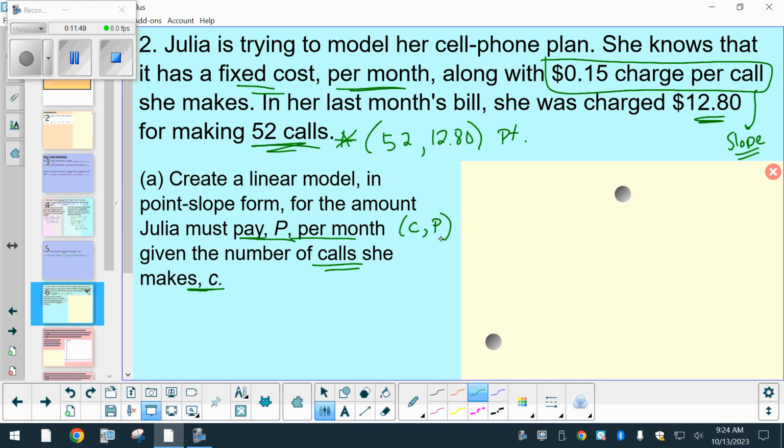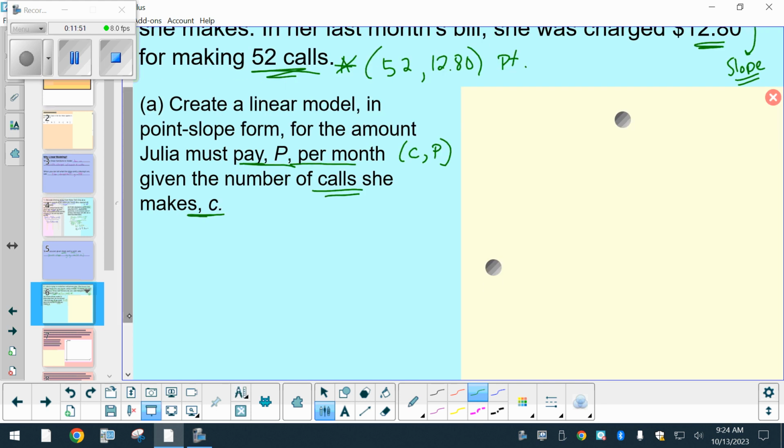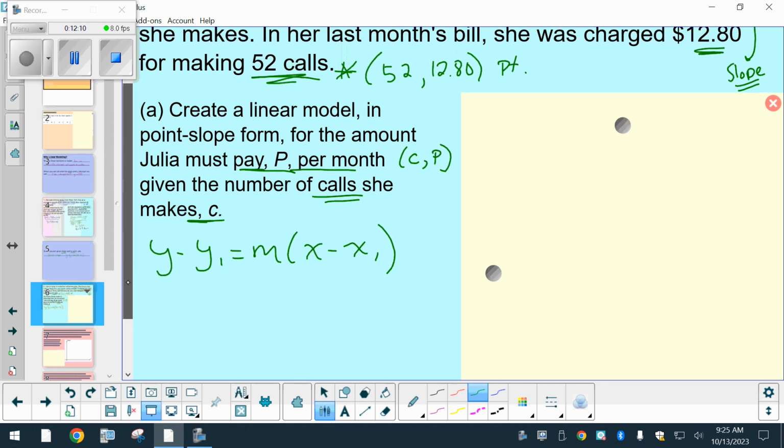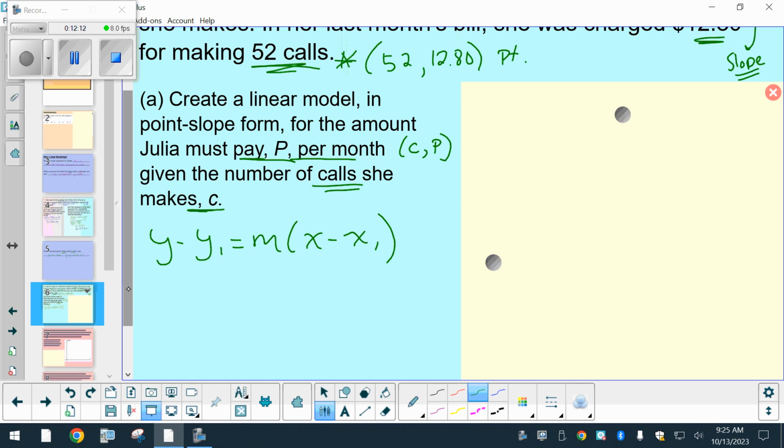So now you can use, ready? We could use the y minus y1, we can use this to substitute in the given information, right? So what was it? It was 15 cents charge per call. So that's your slope, right?